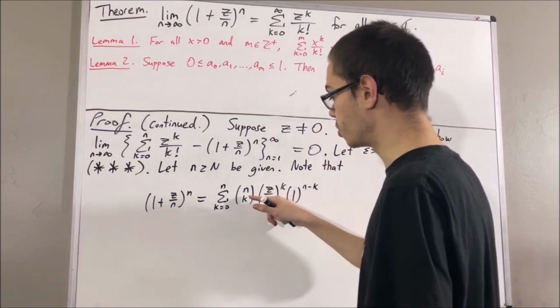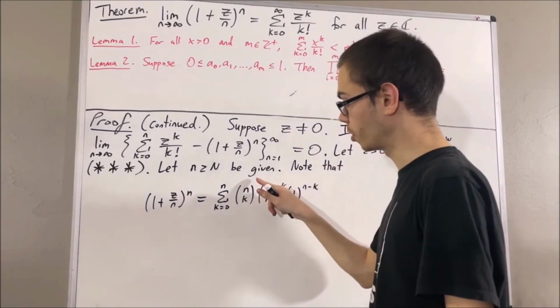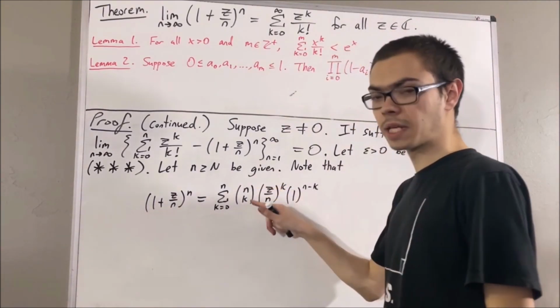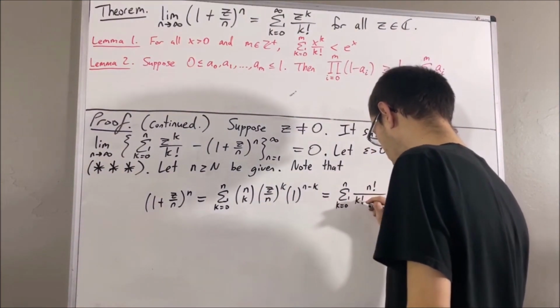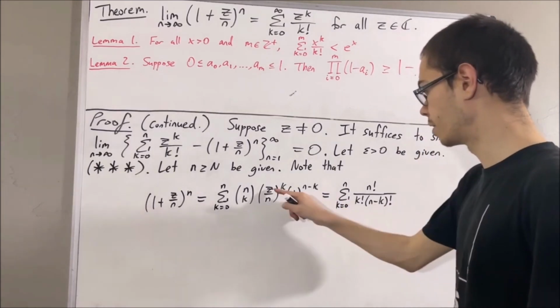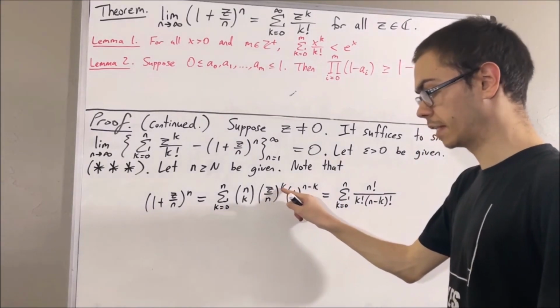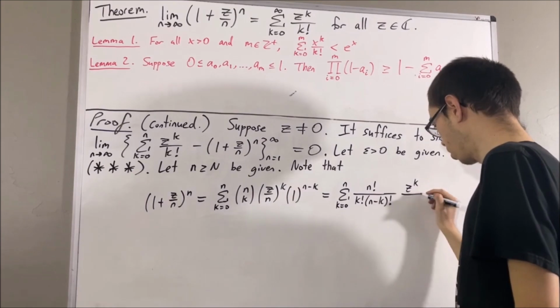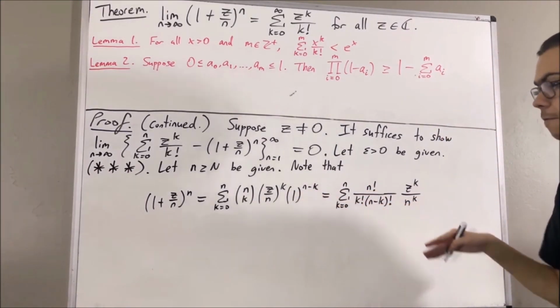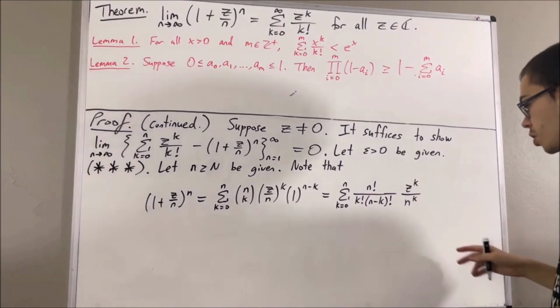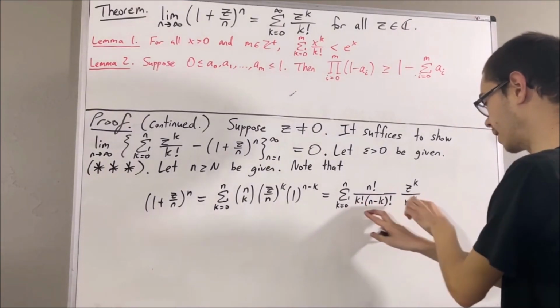Now, we know that n choose k is just n factorial over k factorial times n minus k factorial. We know that z over n to the k is just z to the k over n to the k. And then 1 to the n minus k is just 1, so this is what we have. Now, I'm just going to swap k factorial and n to the k.